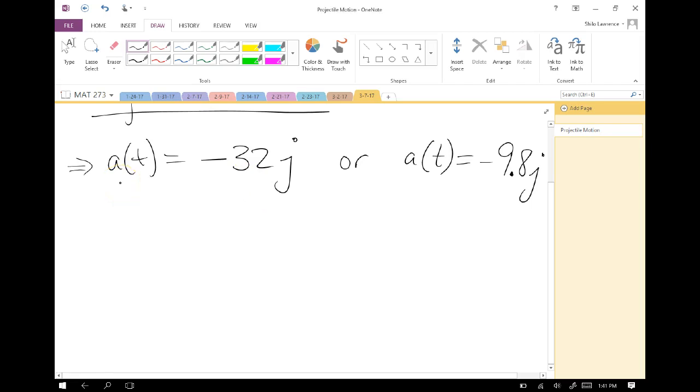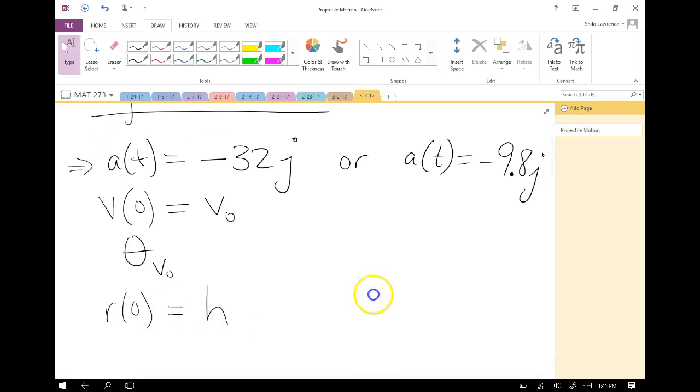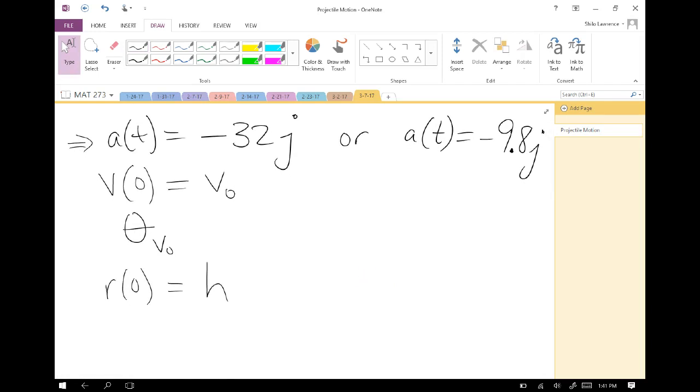We would also be told possibly some initial velocity, and what angle that velocity is at, and some initial position. And it's usually just at a height. These two are a magnitude and an angle.